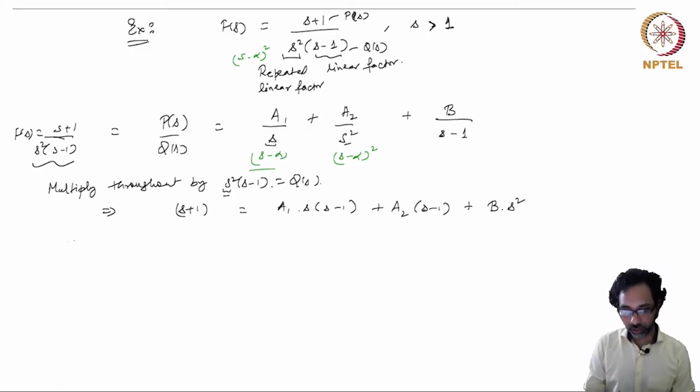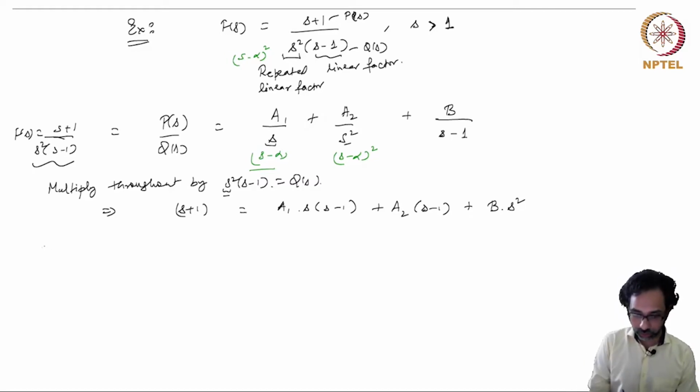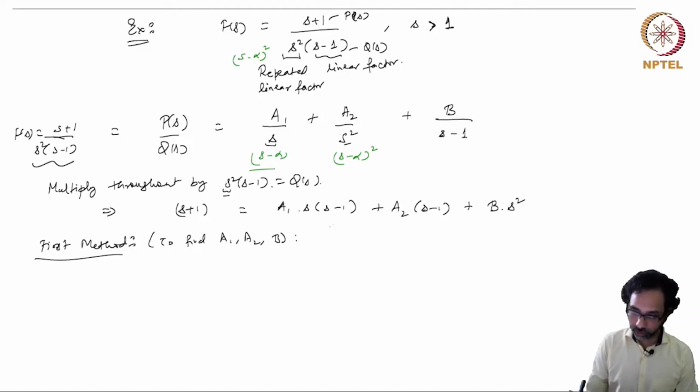So now you can compare coefficients of orders of s. There are two ways to do this. The first method to find a1, a2 and b is to compare coefficients of s to the power k on both sides.